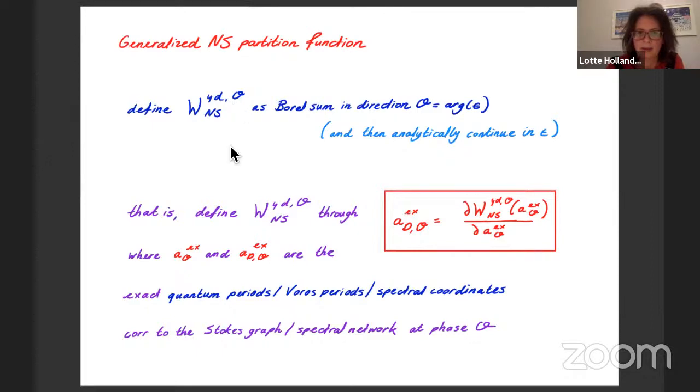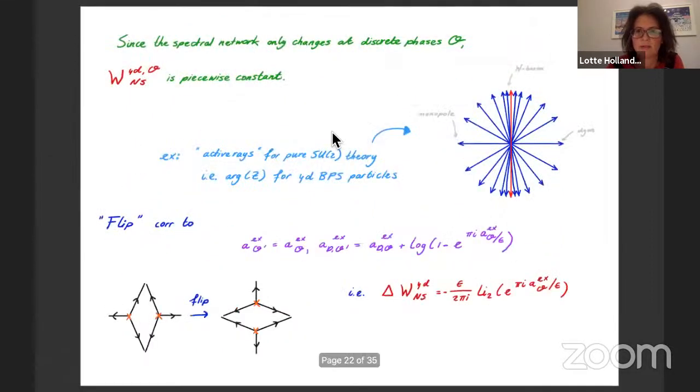It jumps whenever there is an active ray. Maybe I should explain this. If you consider a spectral network, it changes at discrete phases theta. And these discrete phases are sometimes called active rays.